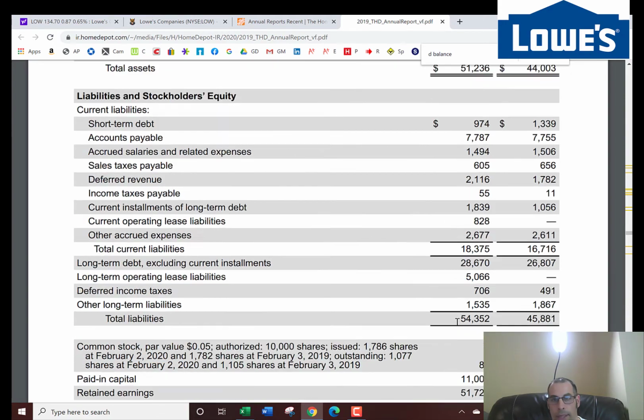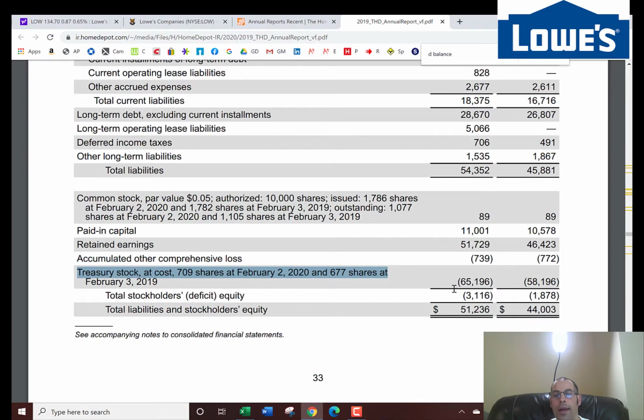Just like when we buy stock, our cash goes down, and this is how you improve the PE ratio, or a lot of ratios: you take the stock off the market. When Home Depot buys the stock, those shares are removed from the market. So now it's a smaller number of shares, so whoever currently owns the stock gets a bigger piece of the pie. So it may sound manipulative, and it is a little bit.